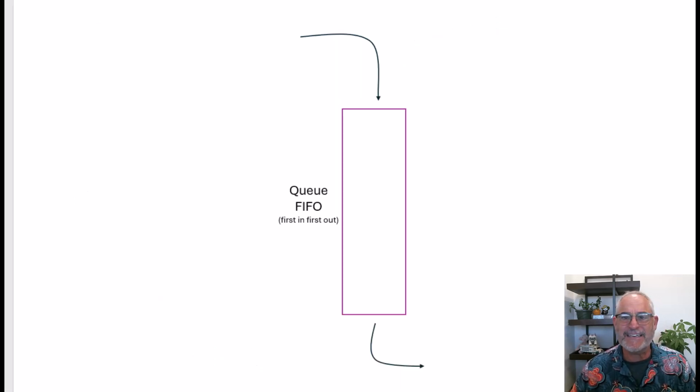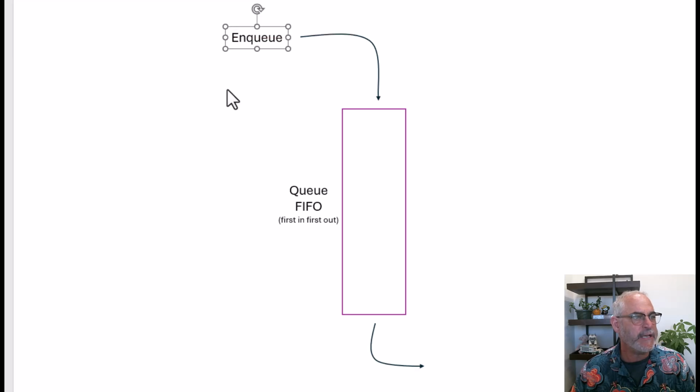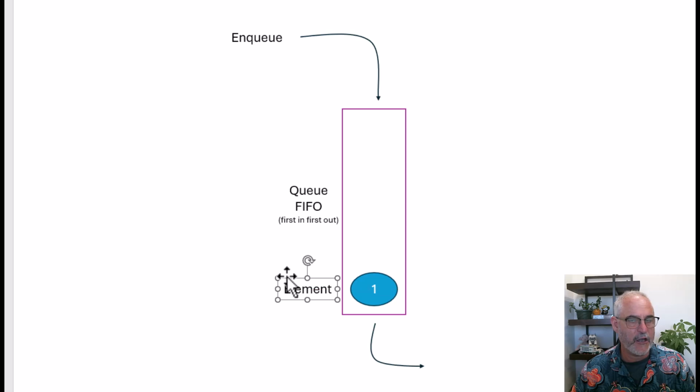So when you're dealing with a queue, there's some vocabulary that's important to know. Now, formally, the process of putting something in the queue is called enqueuing, right? We're actually putting the message in. We're going to enqueue something. So let's enqueue a message. And often these are called elements that go in the list or in the queue.